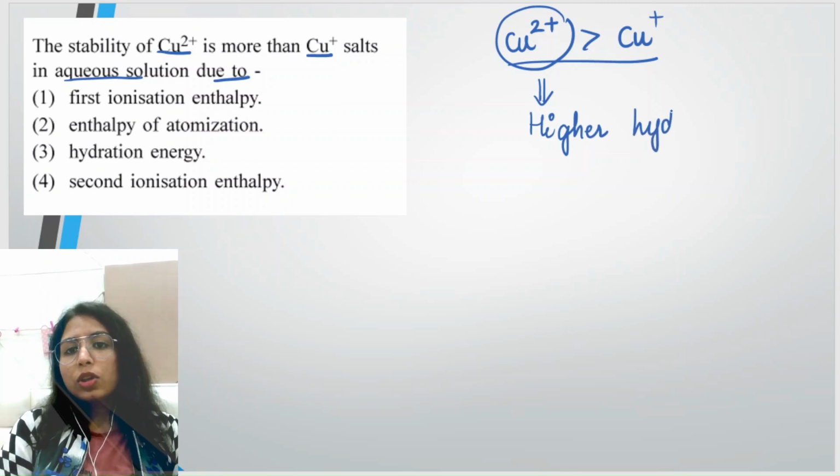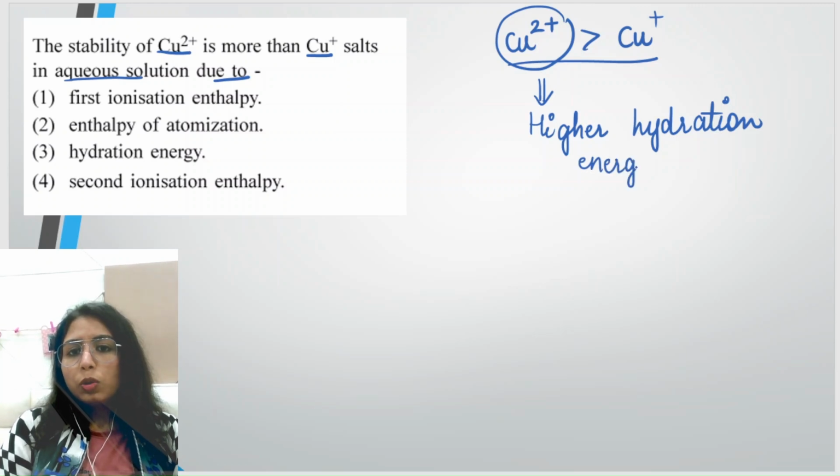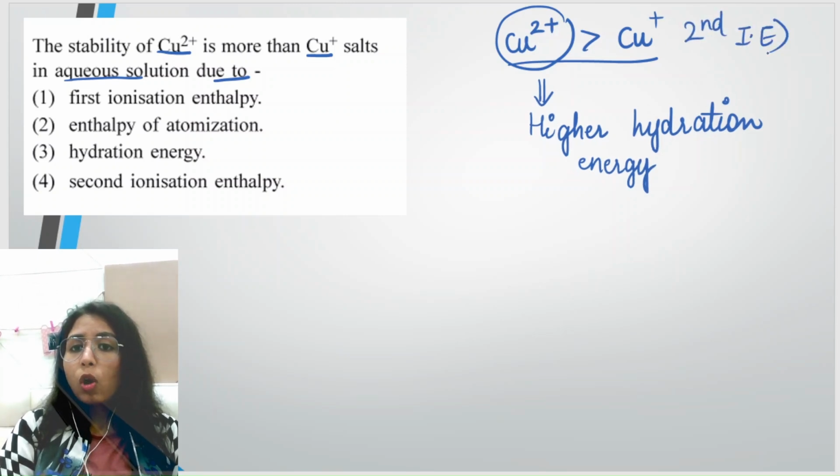When you dissolve copper in aqueous solution, the energy released is called the hydration energy. For copper 2 plus, the hydration energy is very high, which compensates for the second ionization enthalpy of copper.